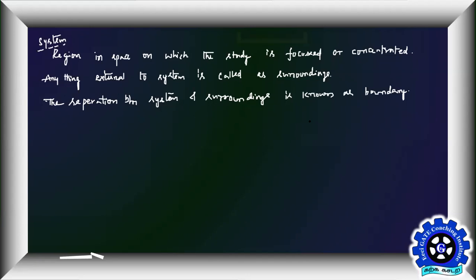One more term that we have seen: one is system, second is surroundings, third is boundary, and the fourth we have seen in that figure is universe. If you want to define the universe, it is just the addition of system and surroundings.